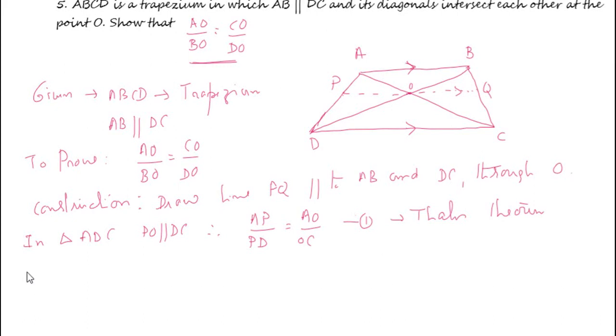In triangle ADB, PO is parallel to AB. Therefore PD by PA equal to DO by OB, or by inversing PA I can call it as AP by PD equal to OB by OD.